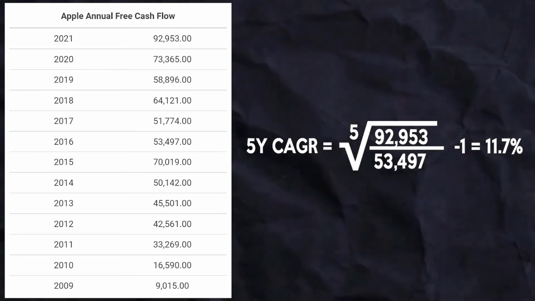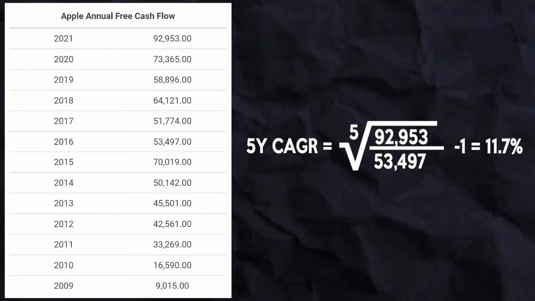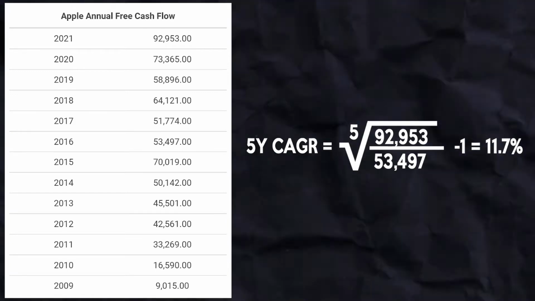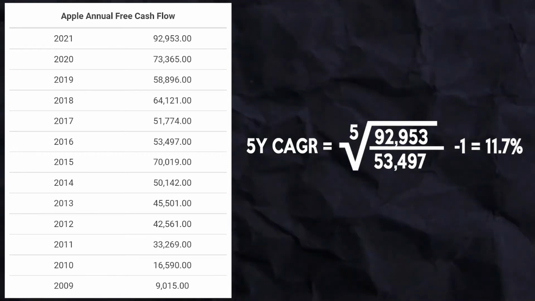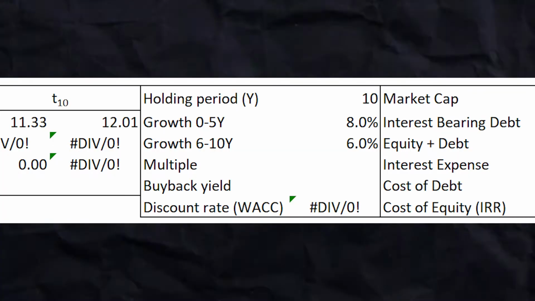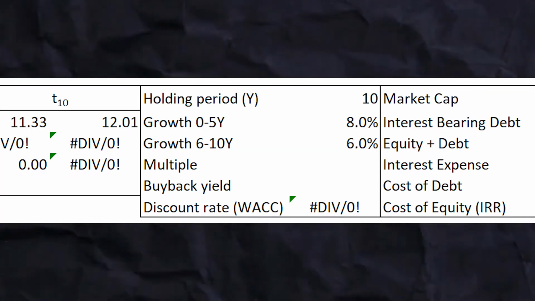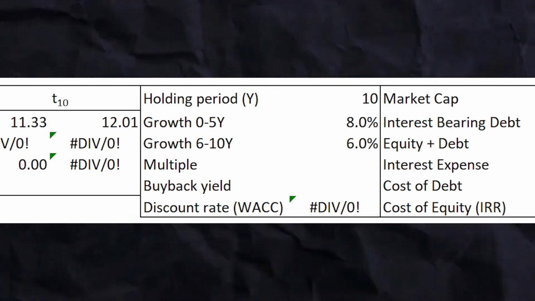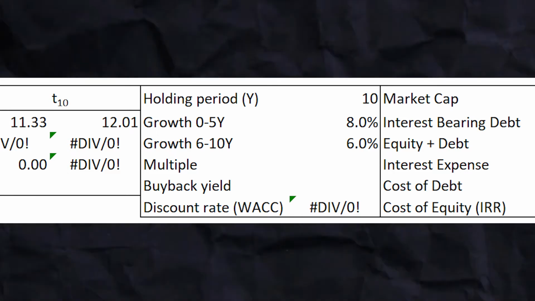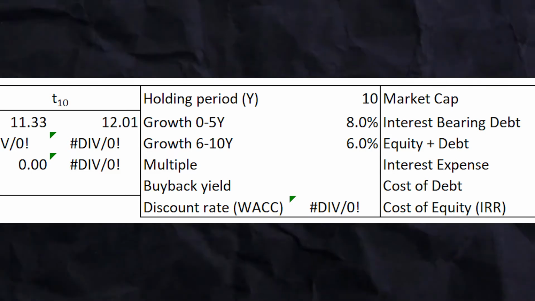Because I always want to be conservative in my assumptions and to factor in Apple's free cash flow drop in 2015, I only assumed a free cash flow growth rate for the next 5 years of 8% and a free cash flow growth rate following those 5 years of 6%.